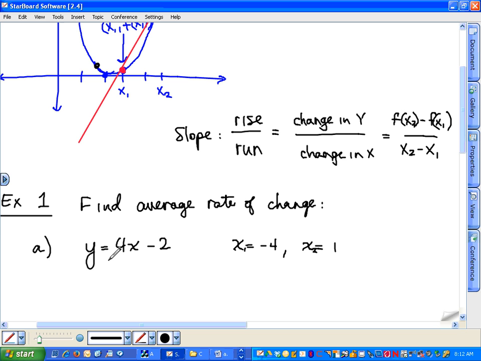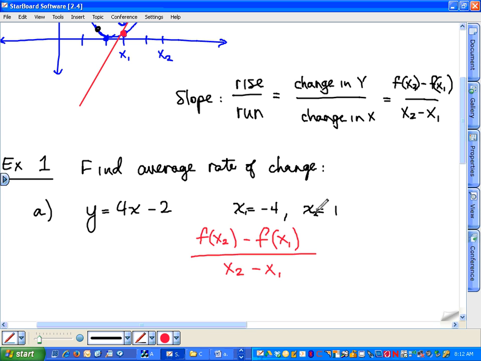But for the sake of practice, let's just practice the formula, just so we can get it down. Let's do f of x2 minus f of x1 all over x2 minus x1, even though we're sure what this should equal when we're done with this. 4. It should equal 4, because that's the slope of this line. But let's double check.